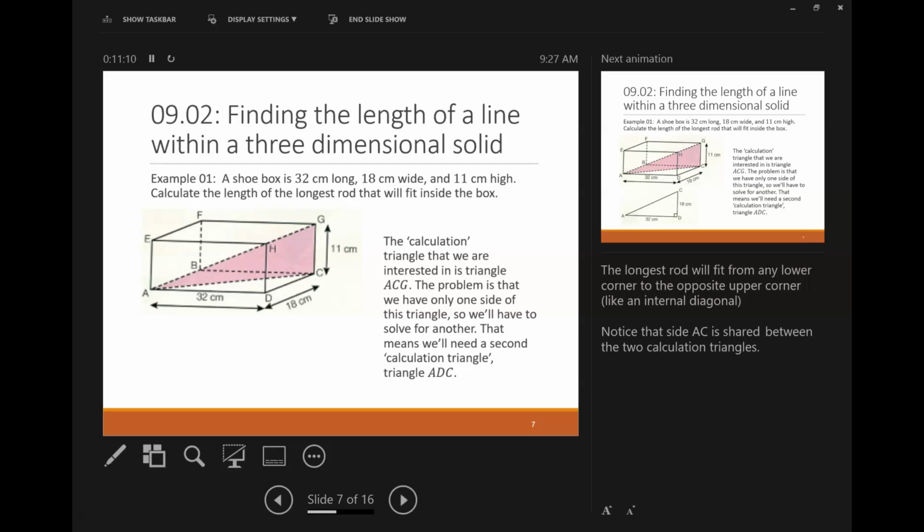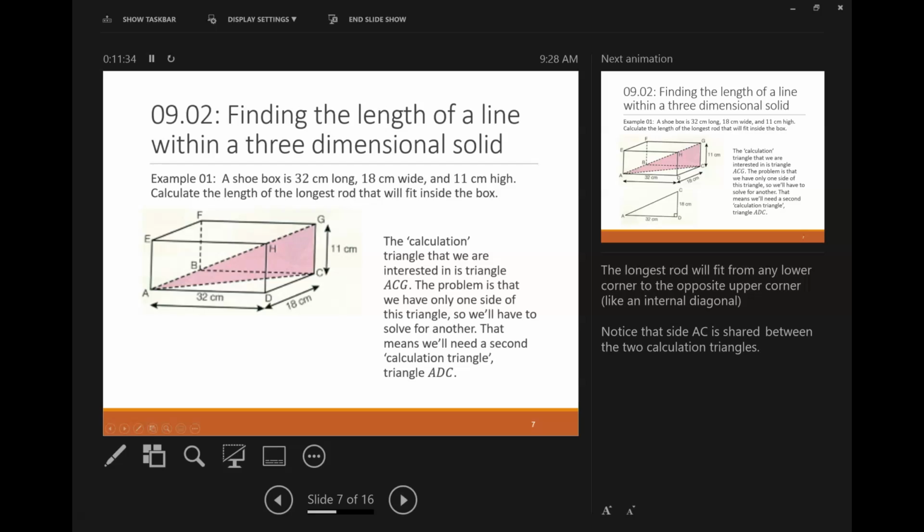Okay. How many sides of this triangle ACG do we know? It wouldn't be much of a question if we knew all three sides. We know two, but we really only know one. All we know is GC.